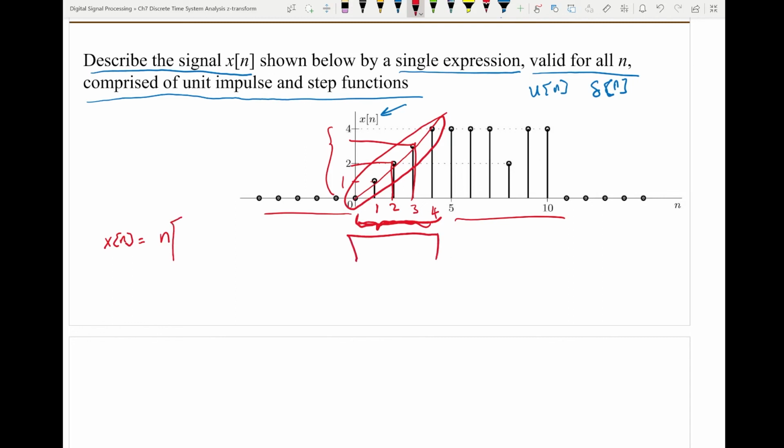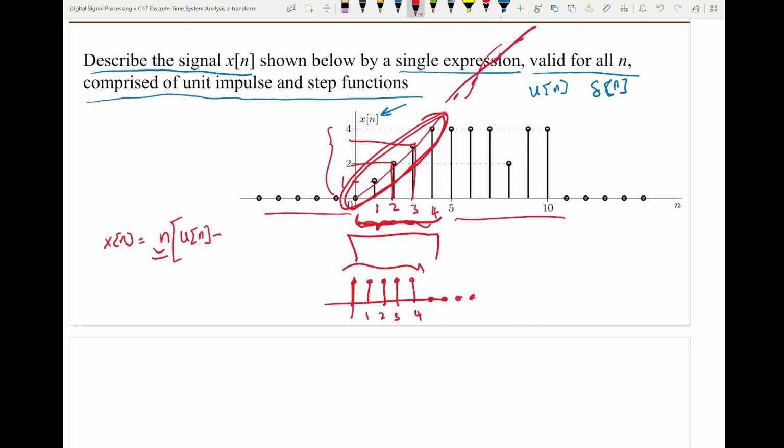So then this will be n times u of n minus... I need to create a window that consists of 1, 2, 3, 4. So I only multiply this by this window. But then here everything is 0. So if I have n continue up here, it will be multiplied by all the 0, so they will not exist.